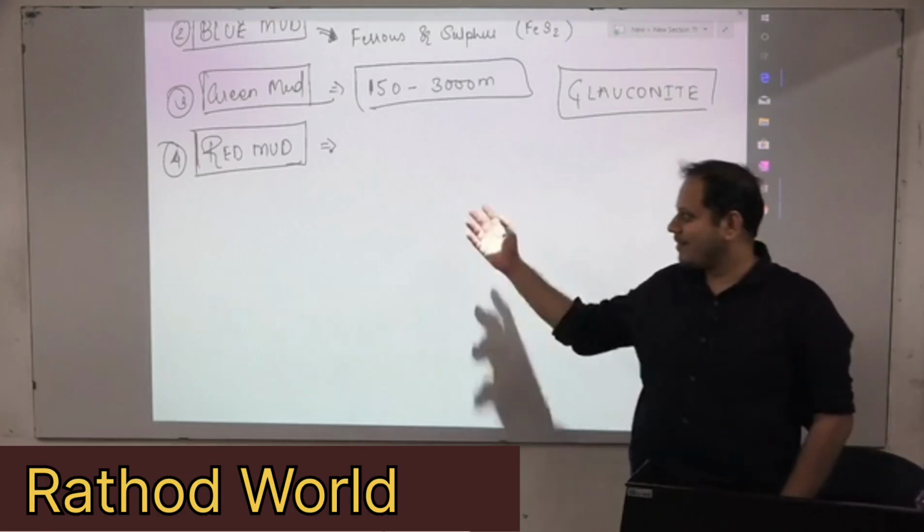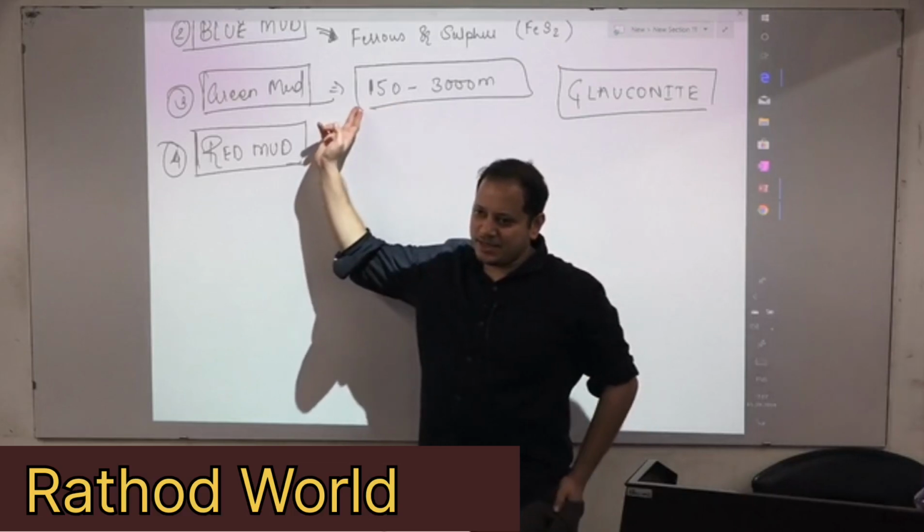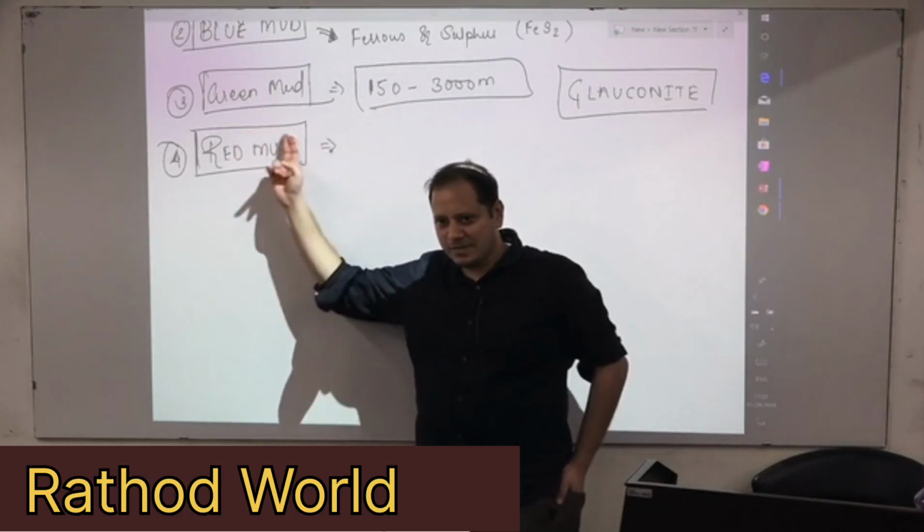Understanding? Develops red color. जरूरी नहीं कि green color में turn हो जाए. If it is extremely rich in iron oxide, it will develop red color.